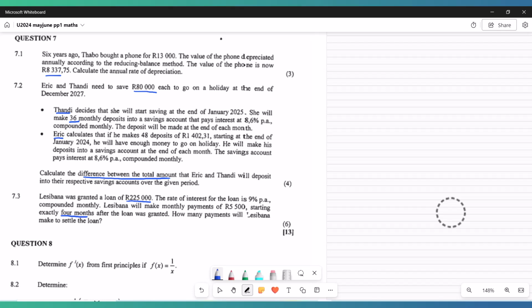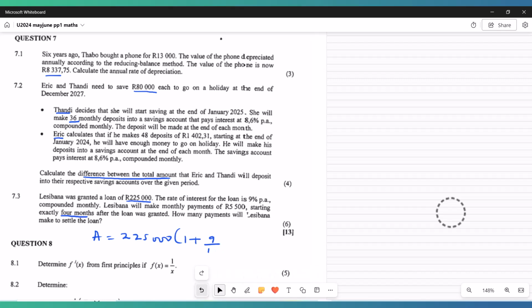So let us find the new loan. After growing this money for the next 3 months, it's going to be 250,000 open brackets, 1 plus i. The rate is still 9%, and it is compounded monthly.